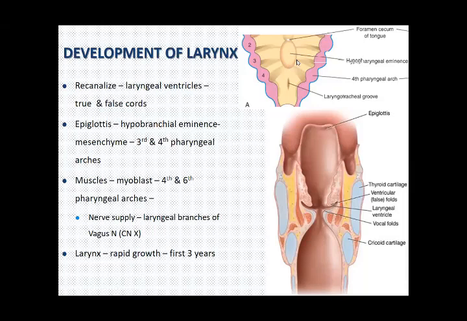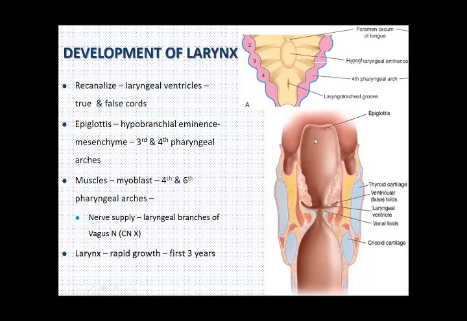I just told you that the hypobranchial eminence develops into the tongue. Yes, it does. The cranial part of the hypobranchial eminence develops into the tongue, whereas the caudal part of the hypobranchial eminence develops into this cartilage, the epiglottis.